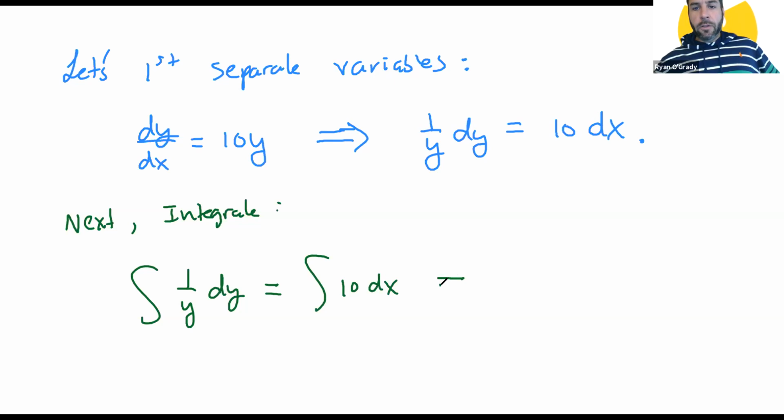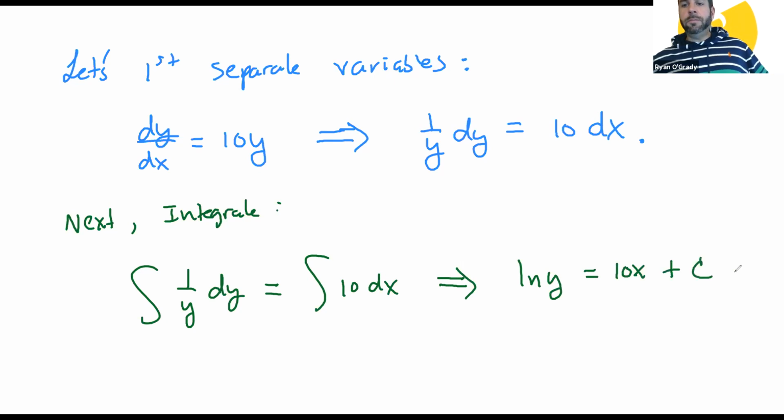If I integrate both sides, the one on the left becomes the natural log, and the one on the right becomes 10x plus some constant. So the integral on the left is the natural log of y. The integral of 10 is 10x. And then, of course, I have to have this arbitrary constant.